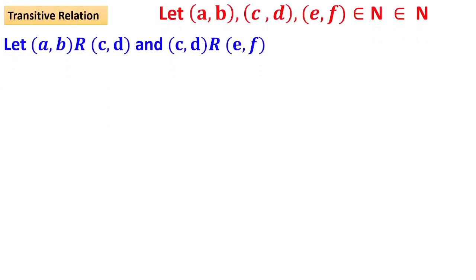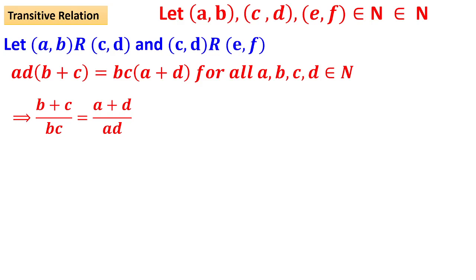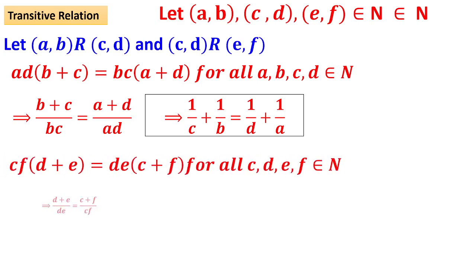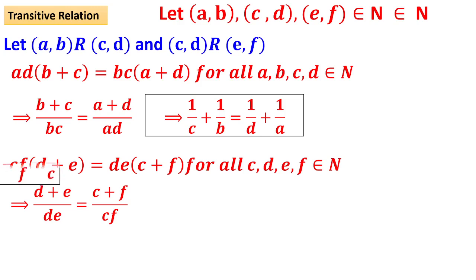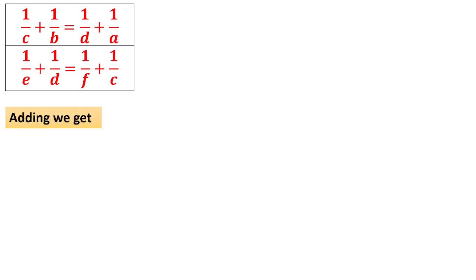I am taking the first is related to the second, the second is related to the third. I am proving them. From the first one, I am dividing throughout, left hand side by BC, right hand side by AD. I am getting this relation: 1 by C plus 1 by B is equal to 1 by D plus 1 by E. Similarly, for the second one, once again, I am dividing left side by DE, right side by CF, and I am getting the same kind of relation. I am adding them.